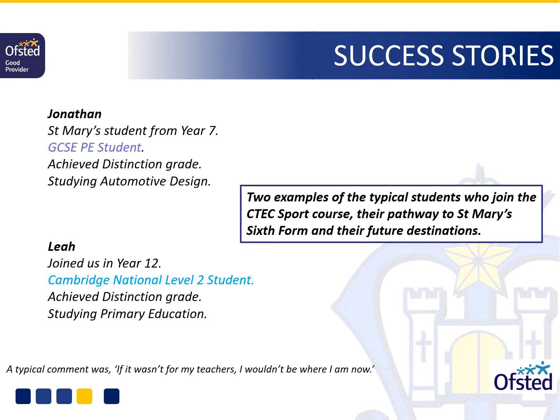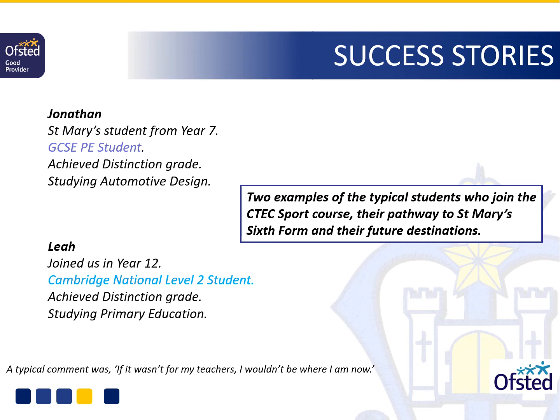Jonathan was a GCSE PE student who then graduated onto our course in sixth form. He achieved a distinction grade and then went to study automotive design. We used his other subjects and sport to give him the opportunity to achieve the grade boundaries that he needed to study his chosen qualification at university.